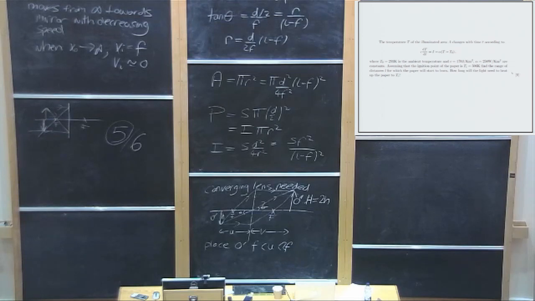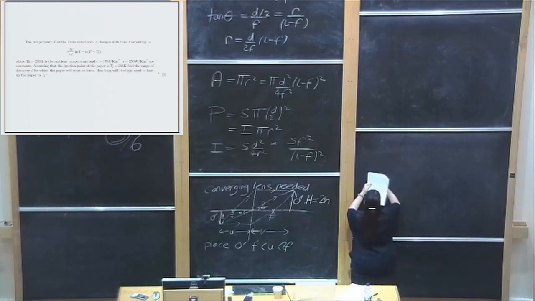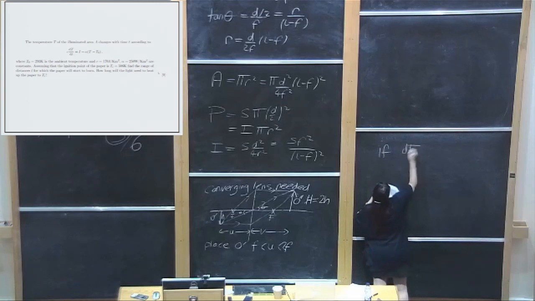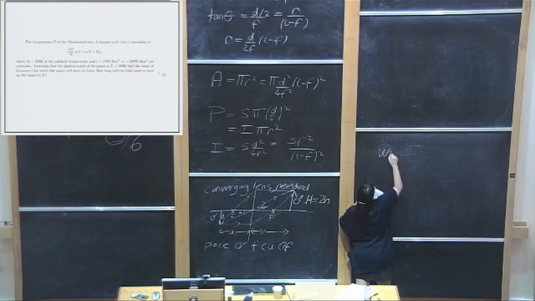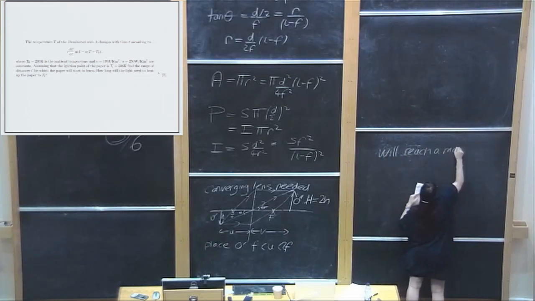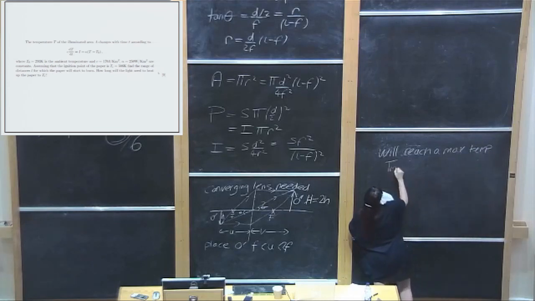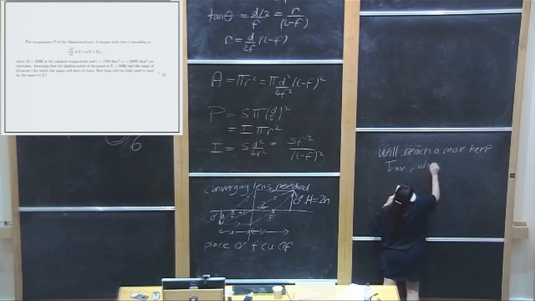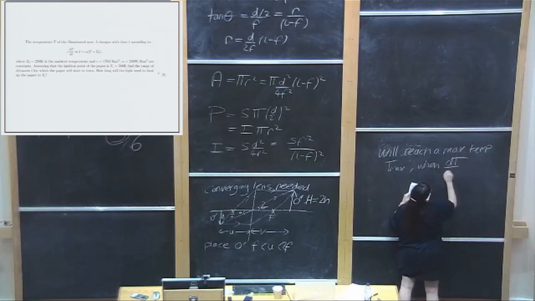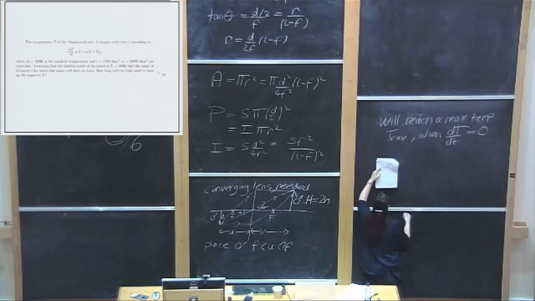What we can realise, or maybe I should phrase it another way, is that we will reach a maximum temperature, T max, when dT by dt, the change in temperature with time, is 0.